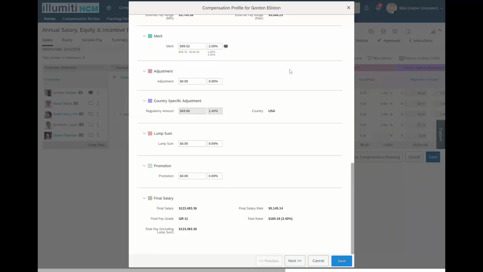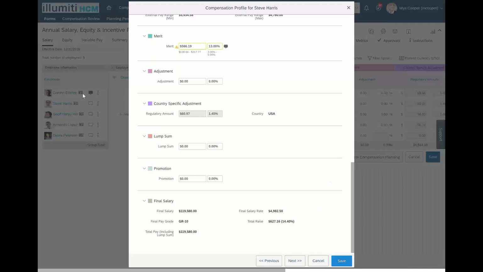So for managers who like to plan one employee at a time, look at the information from top to bottom instead of left to right, this is a nice sheet. As someone's going through and making their entries here, that final salary is being calculated and updated here at the bottom. And I can actually click on this next button to be brought to the profile of my next employee.